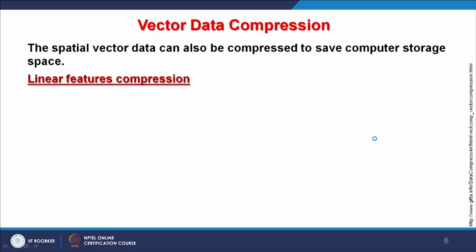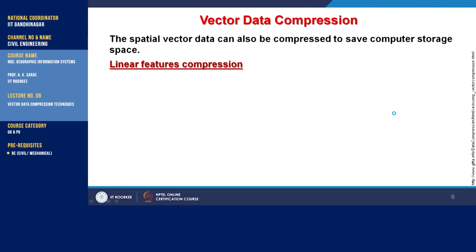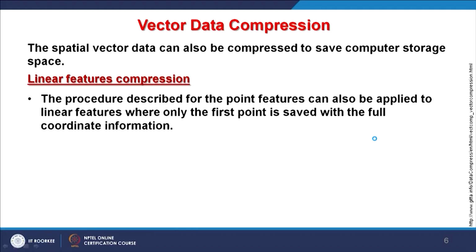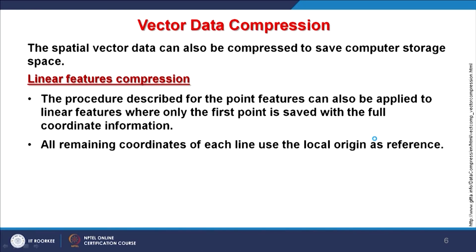For point data we have discussed this, and similarly for line feature compression, this procedure for point features can also be applied in a similar manner to line features or polyline features, where only the first point is saved and then null coordinates information, and that way all remaining coordinates of each line use the local origin as reference.